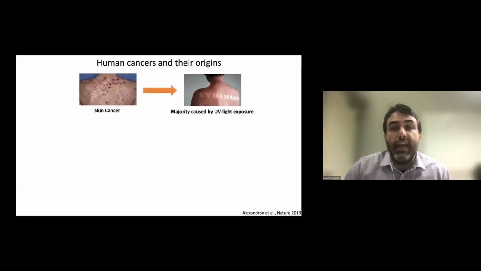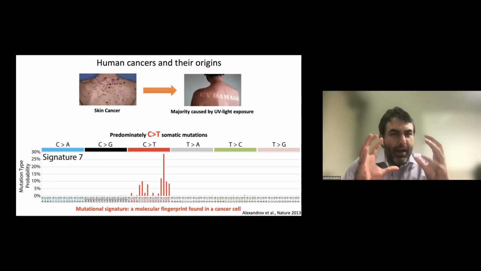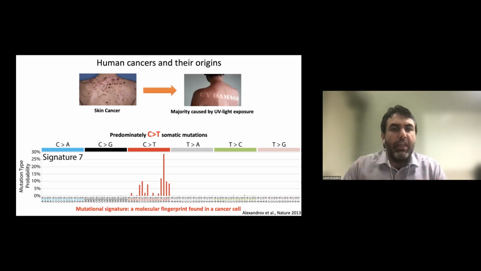So if you look at skin cancer, most of the time one would associate that with ultraviolet light. And indeed, the majority of ultraviolet light associated skin cancer will bear a very specific pattern of mutations. This is predominantly C>T mutations at dipyrimidines, and you can see here the actual pattern of the ultraviolet light mutational signature.